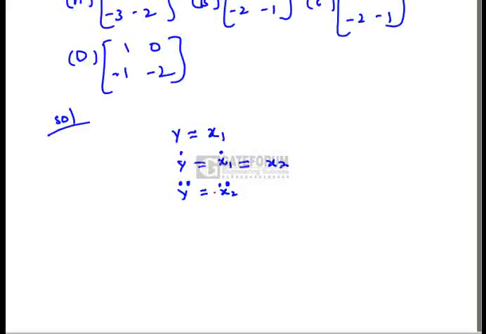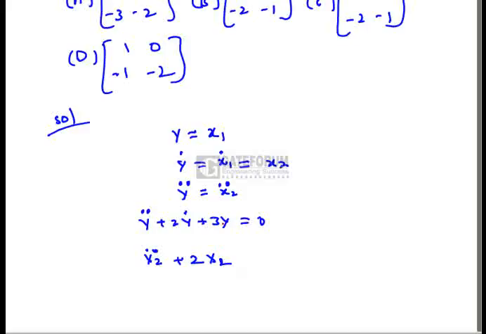Now I am substituting these things in our given differential equation. What is our given differential equation? y double dot plus 2y dot plus 3y equal to 0. Substituting, we get x2 dot plus 2x1 dot plus 3x1 equal to 0. x1 dot is nothing but x2, so 2x2.